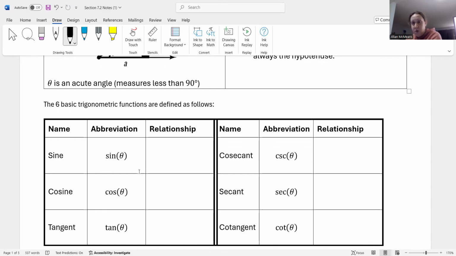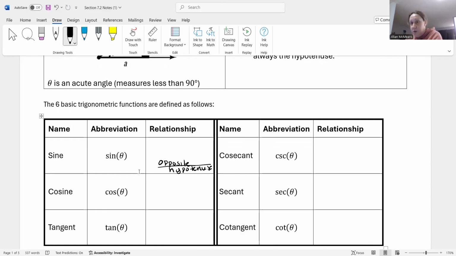First, we have an abbreviation. We abbreviate sine as just sin, and then in parentheses, we put our angle theta. So we're looking to see what sine of this angle theta is, and it's going to be a ratio of sides of that triangle, okay? And it just so happens that sine is opposite over hypotenuse. And again, I don't know why this is bouncing around like this, so it's a little bit messy, but you can fill it in nicely, okay?